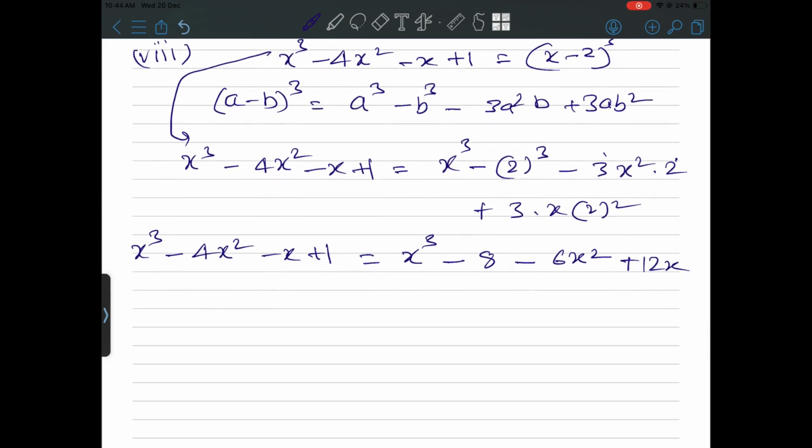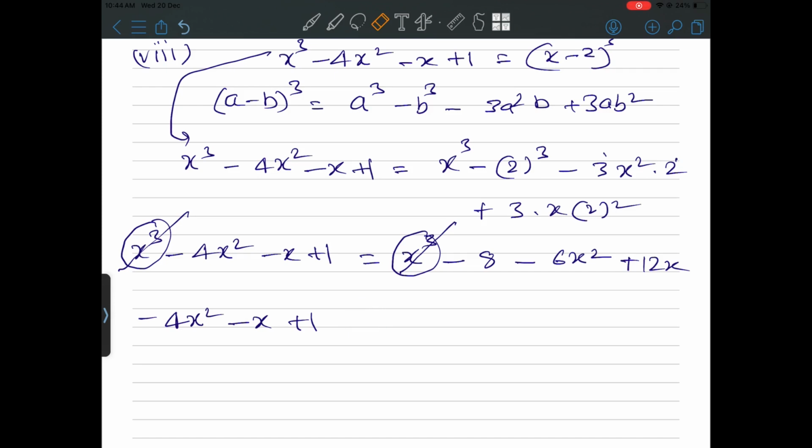So same way, we'll bring all the terms from right to left hand side. We have x cube here. We also have x cube here, right? So what we can do, we can cut them, like this. So now we will be left with minus 4x square minus x plus 1.